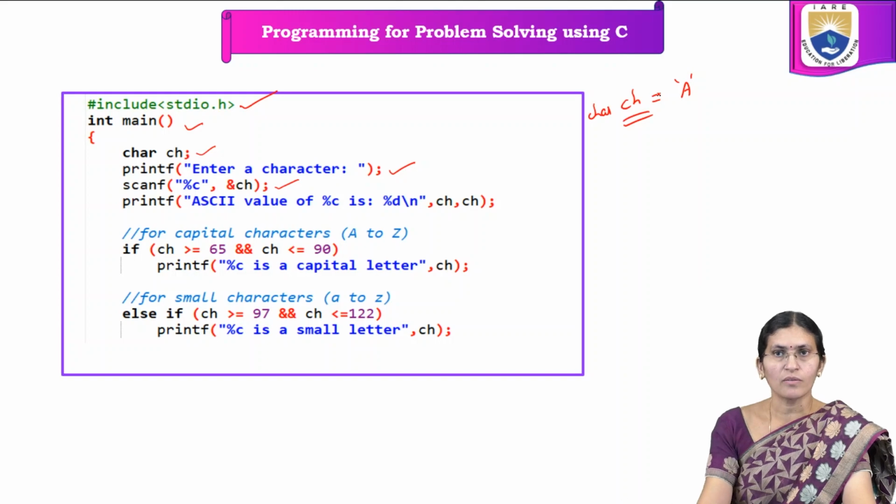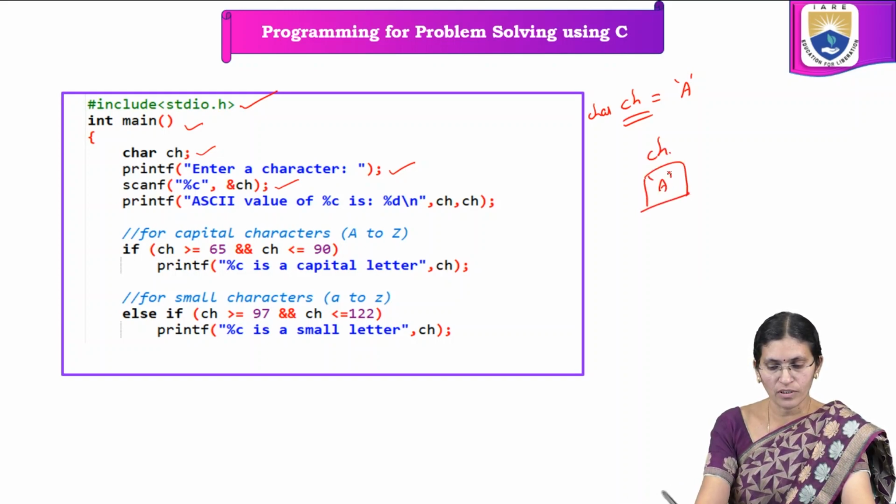Then it will print: ASCII value of %c is %d. The %c is a format specifier to print the corresponding character, and %d is the format specifier to print the ASCII value of the given character.